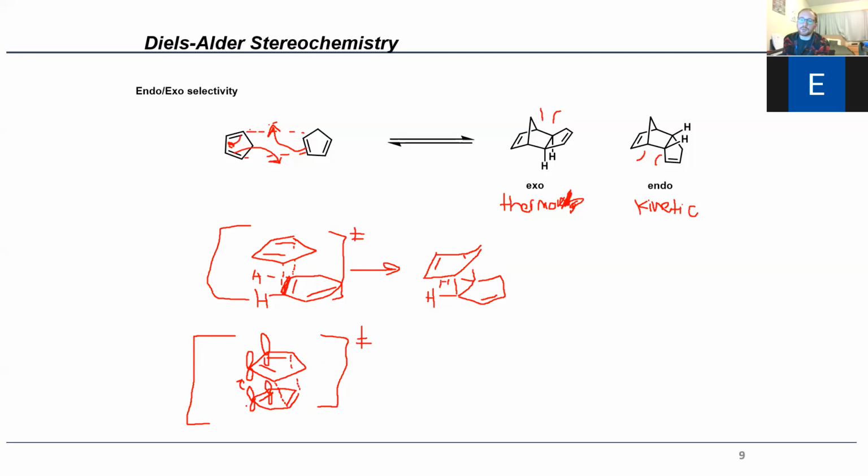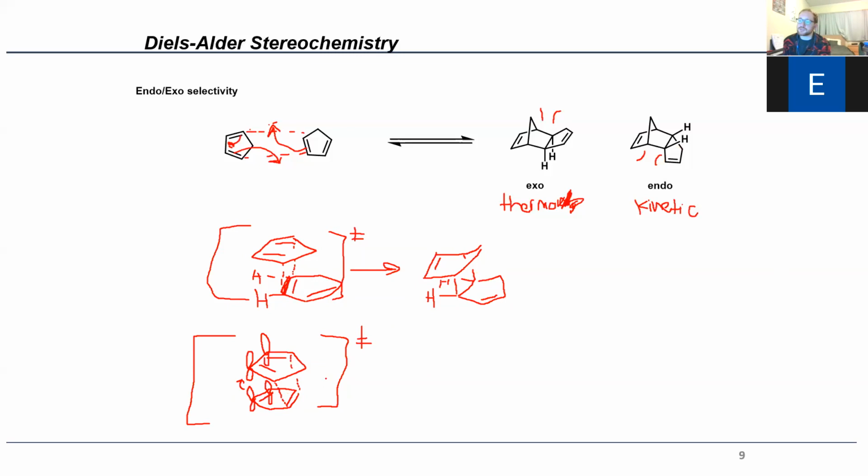And this secondary orbital interaction is stabilizing to the transition state. Notably in the product, that interaction is not really there. And so it does not affect the thermodynamics of the product, but it does affect the thermodynamics of the transition state. Right? And so this transition state is lower in energy and therefore leads to the kinetic product.